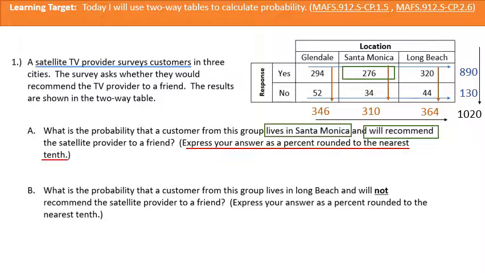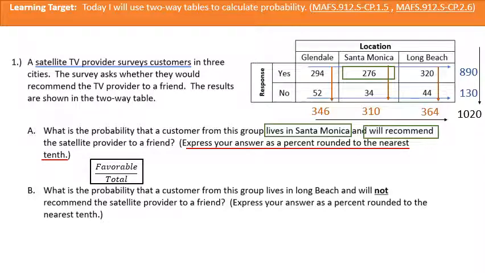Okay, so we want to express this as a percent rounded to the nearest tenth. Okay, so let's keep that in mind. Here we go. Probability is always the number of favorable outcomes over the total outcomes. So how many people lived in Santa Monica? 276. How many people in total did we survey? 1,020.